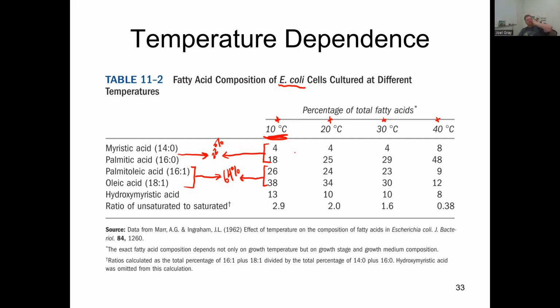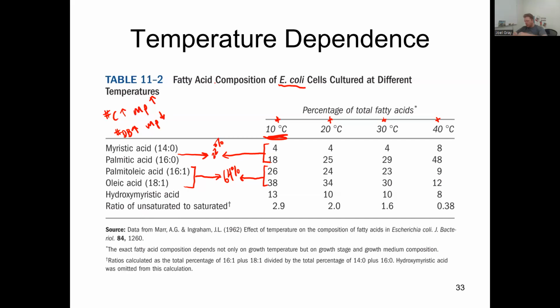Now, what do we know about melting point and double bonds and saturation versus unsaturated fatty acids? We know that as the number of carbons goes up, the melting point goes up. As the number of double bonds goes up, your melting point goes down.